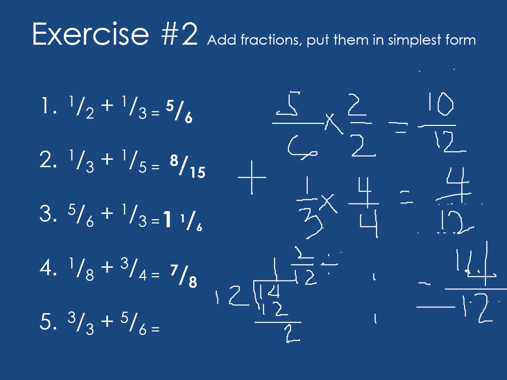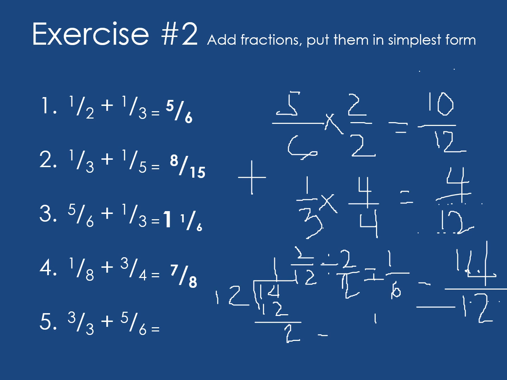Then change to the simplest form. You have to find a common number that will divide that one. The common here is 2. 2 divided by 2 is equal to 1. Then 12 divided by 2 is equal to 6. So your answer here is 1, and copy the whole number.